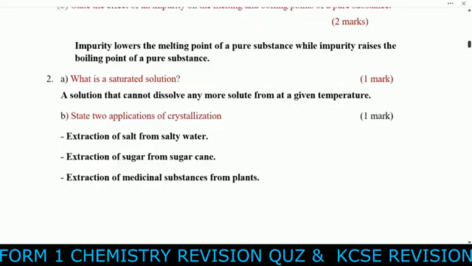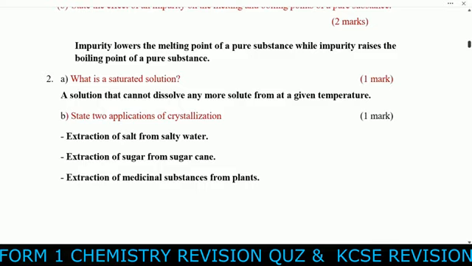Question number 2, what is a saturated solution? A solution that cannot dissolve any more solute at a given temperature. So that is what we call a saturated solution. B, state 2 applications of crystallization.